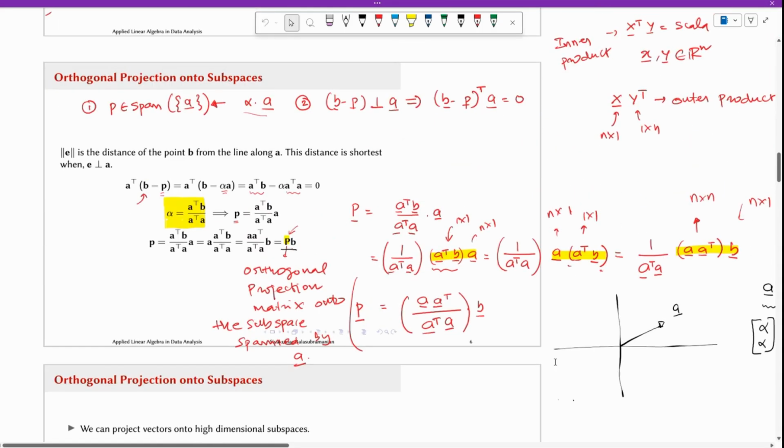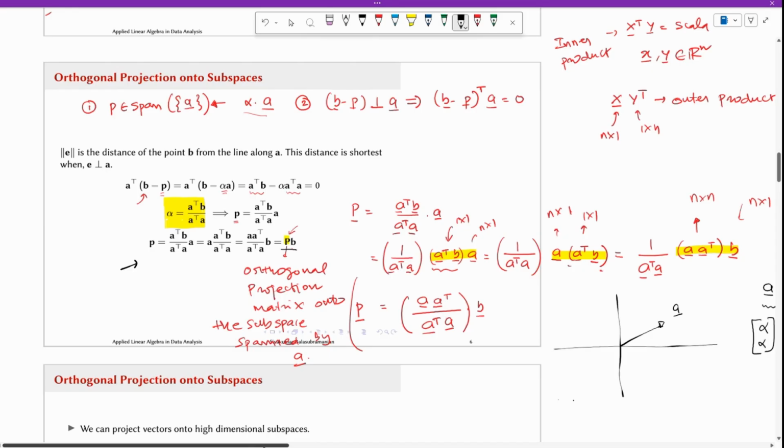We discussed till this point last class about doing orthogonal projection onto a subspace spanned by a single vector. That means a one-dimensional subspace.